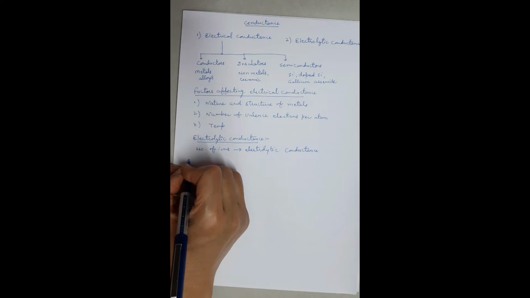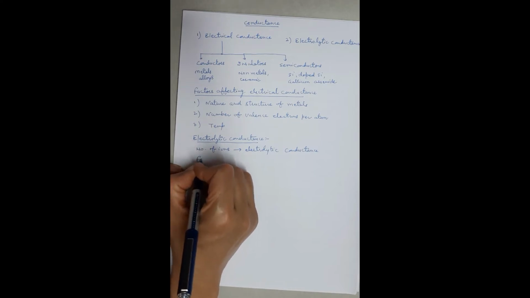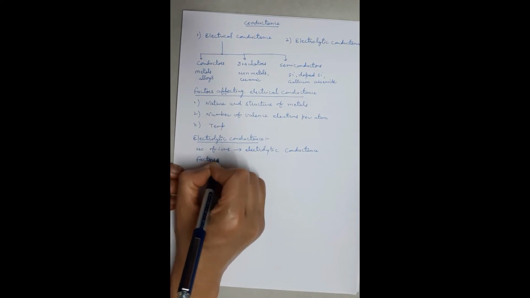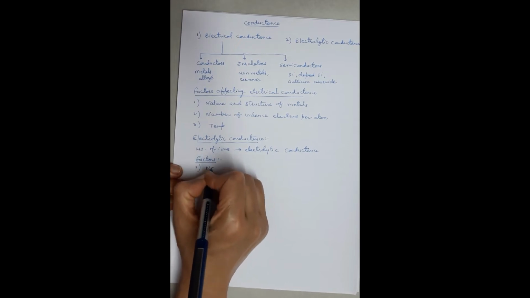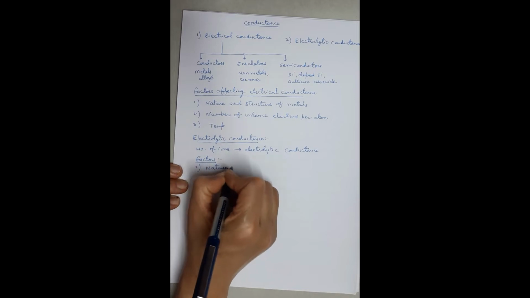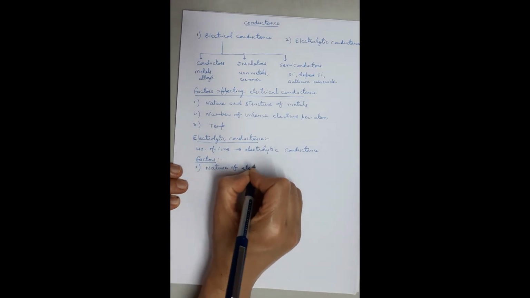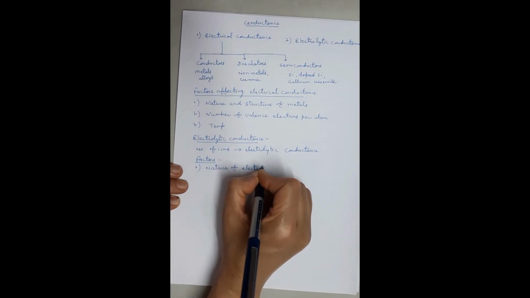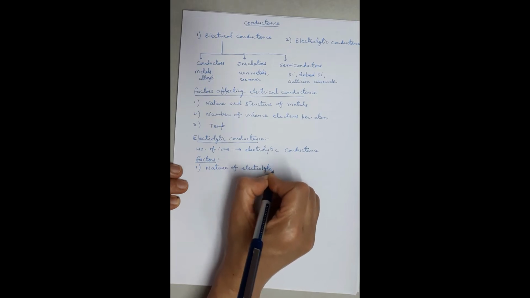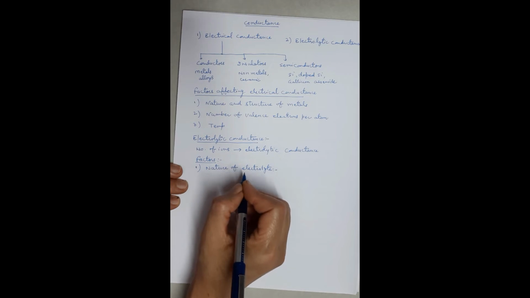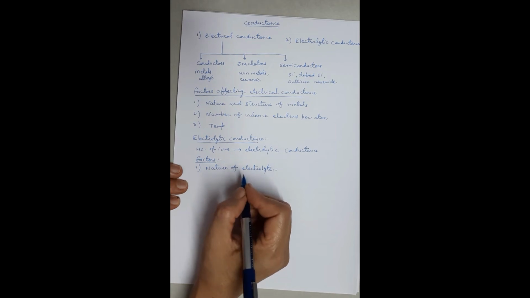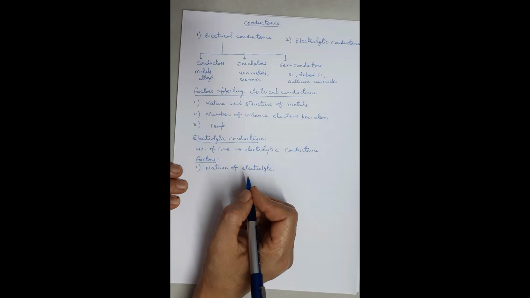What are the factors which affect electrolytic conductance? Different factors are there. One of them is nature of electrolyte. If there is a strong electrolyte, naturally it will ionize to a larger extent, and they will show higher electrical conductivity, whereas the degree of ionization is very low in case of weak electrolyte.